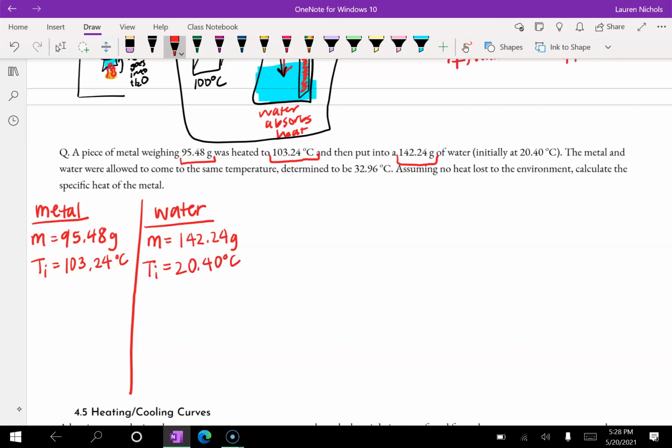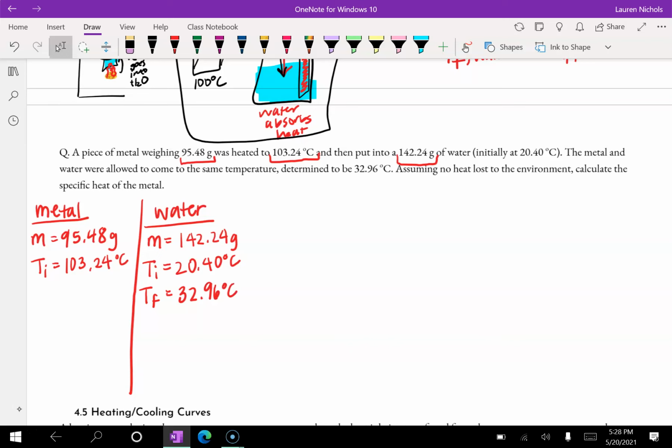So we can see that the metal is really, really hot. The water is at about room temperature. And it says the metal and the water were allowed to come to the same temperature. So they put the metal into the water and they reached the same temperature, which was 32.96 degrees Celsius. So we know that the final temperature of my water is 32.96 degrees Celsius.